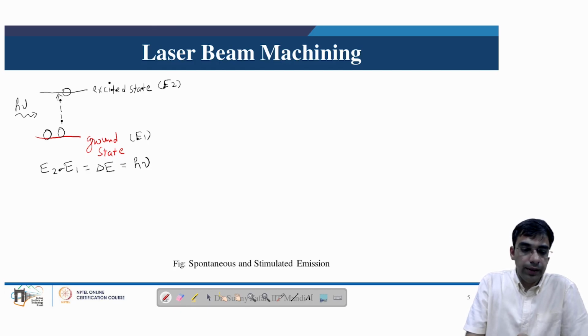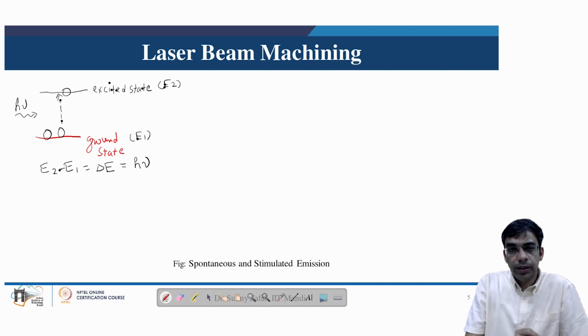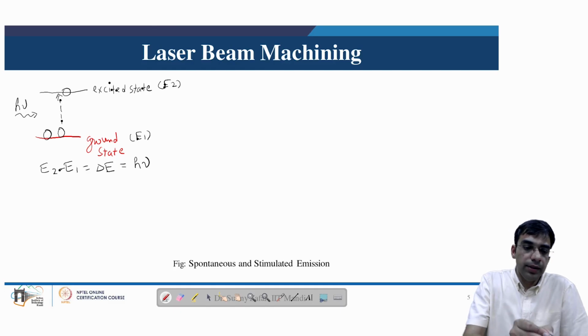Now what can happen is that the electron in the atom from the ground state can go to the excited state, and as in any fundamental law of nature, no atom or electron wants to be in the excited state for a longer period of time. So after some time the electron may come back from the excited state to the ground state, thereby emitting the same amount of energy, h nu.